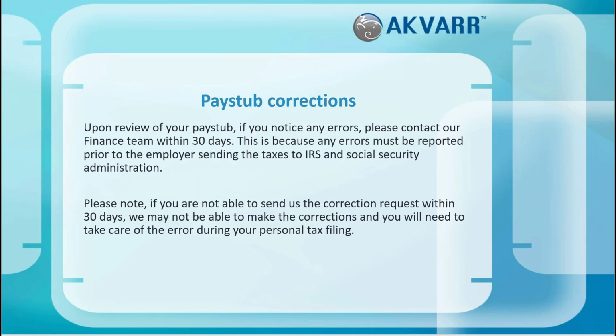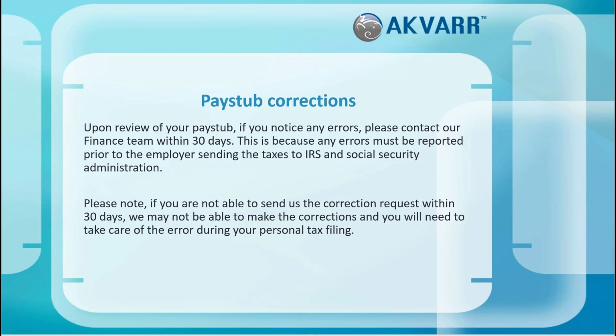Then pay stub corrections. Upon review of the pay stub, if you notice any errors, please contact the finance team within 30 days. This is because taxes have to be filed, and if we've filed the taxes already, it may be very tough for us to change anything. So as quickly as possible is what we're requesting for any kind of errors that you see.